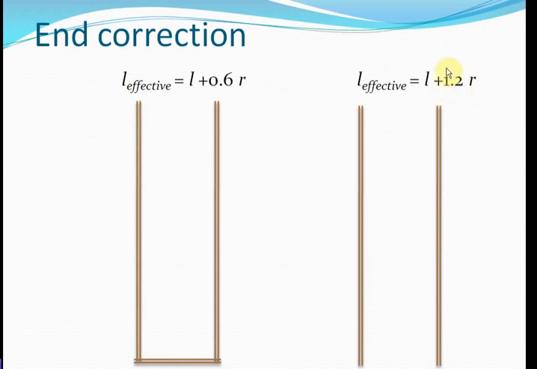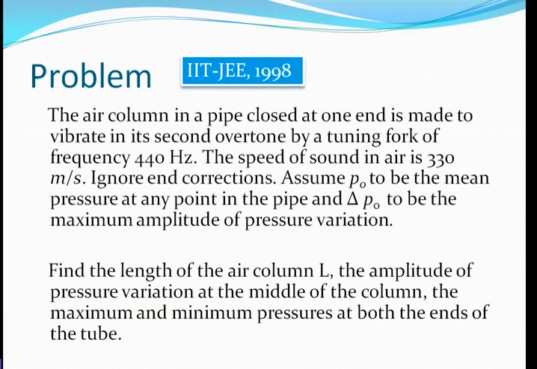Now that we've studied enough theory, let's again attempt an IIT-JEE problem. The air column in a pipe closed at one end is made to vibrate in its second overtone by a tuning fork of frequency 440 Hz. The speed of sound in air is 330 meters per second.